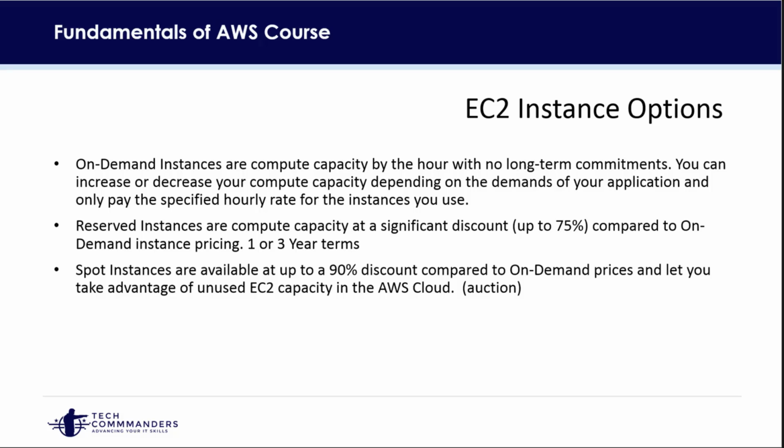And then spot instances are sort of similar to the clearance aisle at a store, but in the world of virtual machines. Basically, these are resources available that AWS has given you at a significant discount, but they work a little bit differently than typically an on-demand or reserved instance.